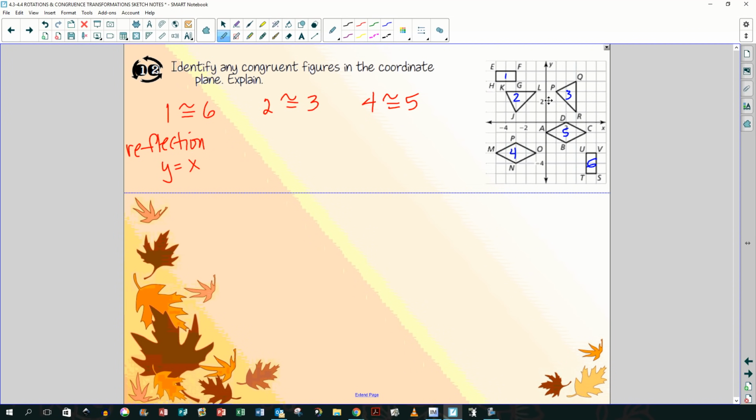The triangle is a 90-degree rotation. 4 and 5 is a translation, so this would be x plus 5 and y minus 2 translation. And we can go over this in more detail when I see you.